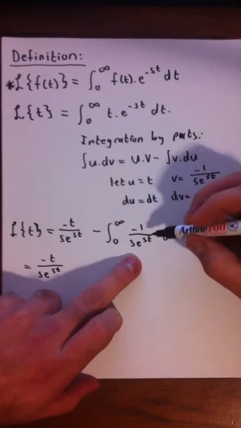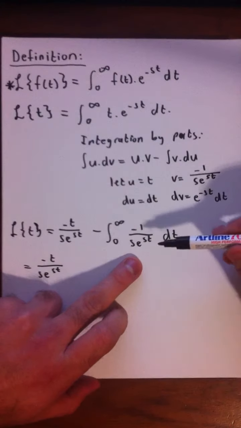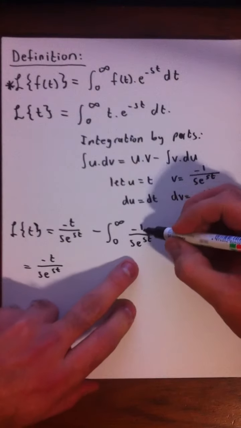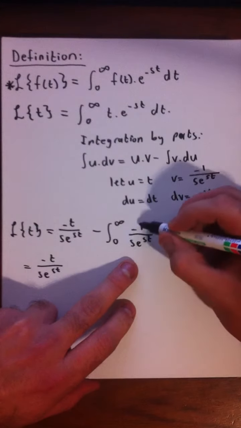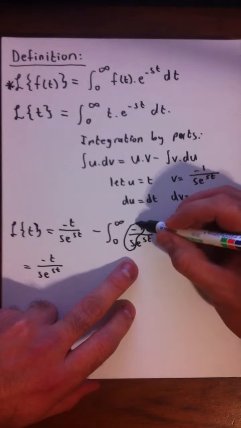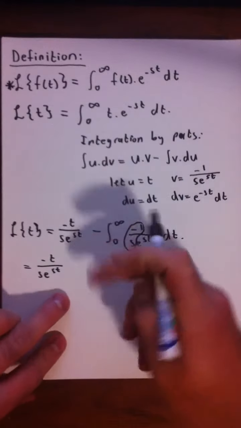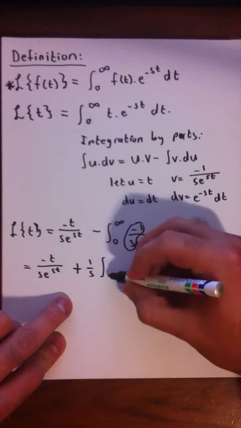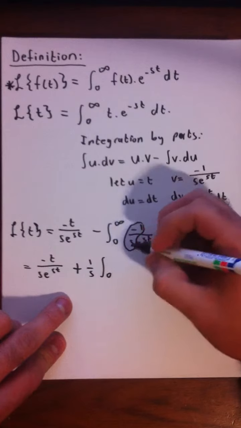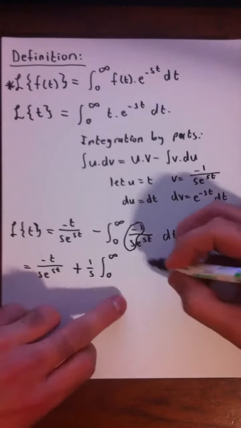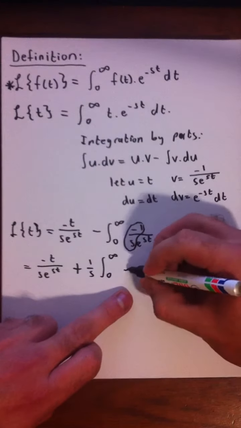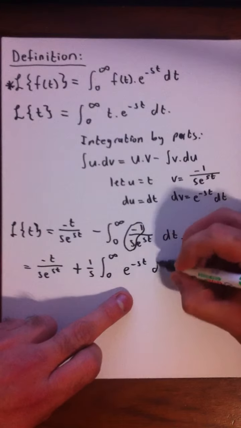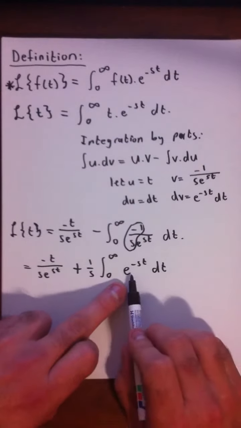Now we need to integrate this part here. So I'm going to go ahead and factor out the negative 1 over s. If we factor that out, it becomes plus 1 over s times the integral from 0 to infinity of e to the negative st again. Now we've already calculated the integral of this part.